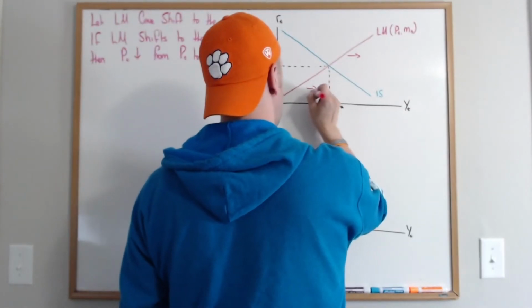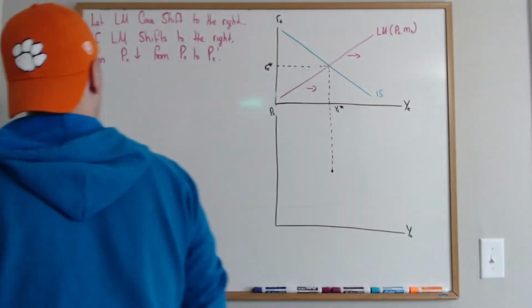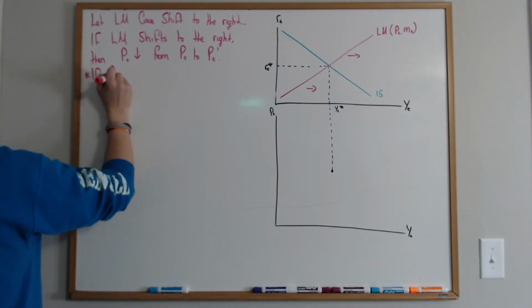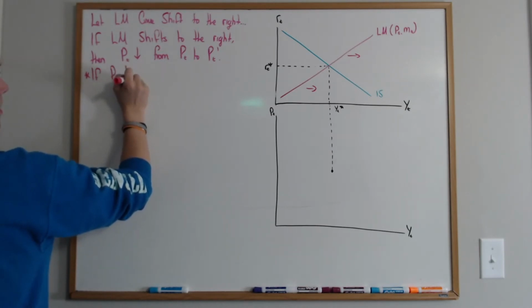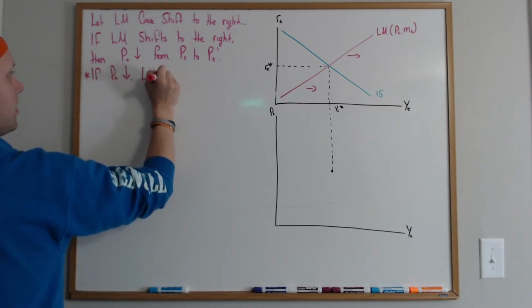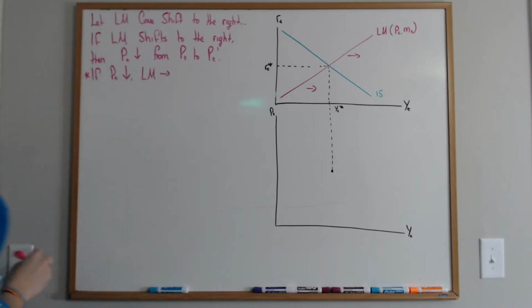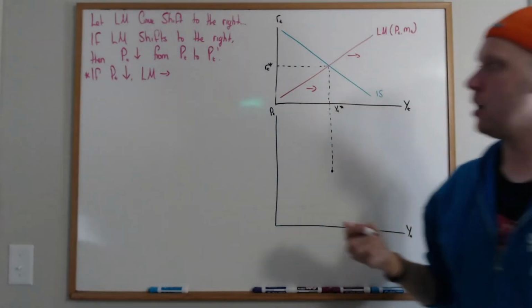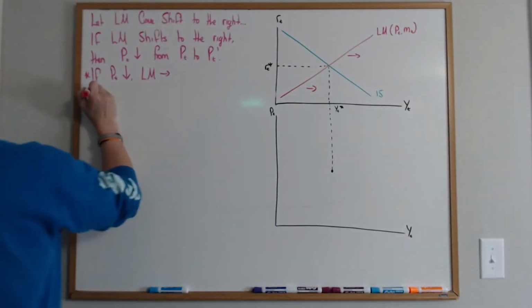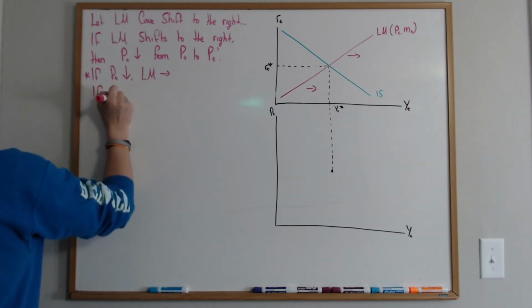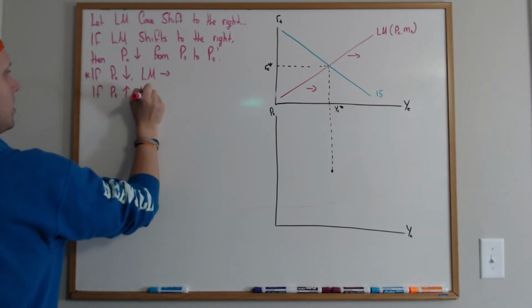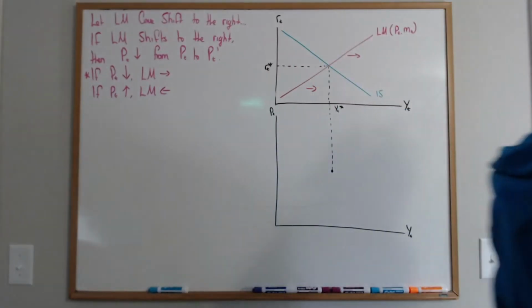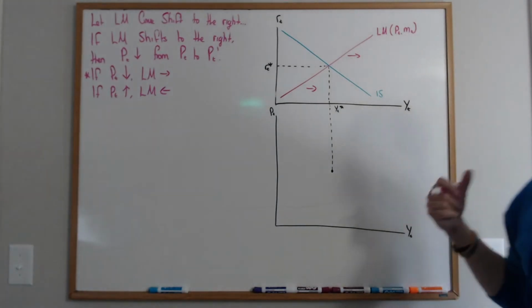So this tells me, as a nice little aside, if the price level falls, the LM curve is going to shift to the right. Conversely, if the price level increases, the LM curve will shift in to the left. Right, so we're going to let the LM curve shift to the right, which means the price level falls.